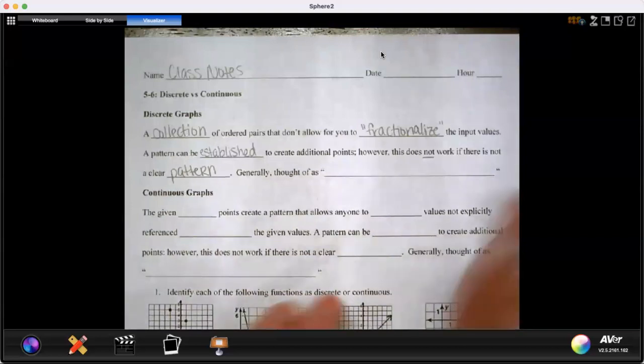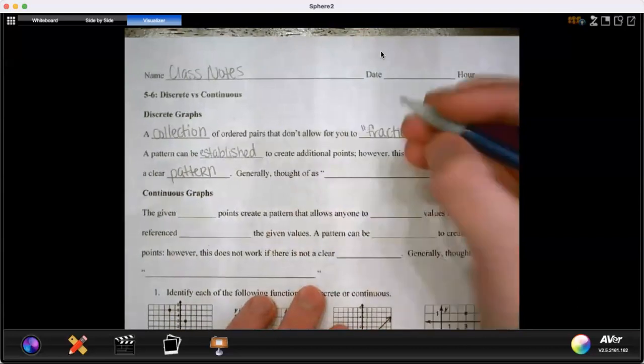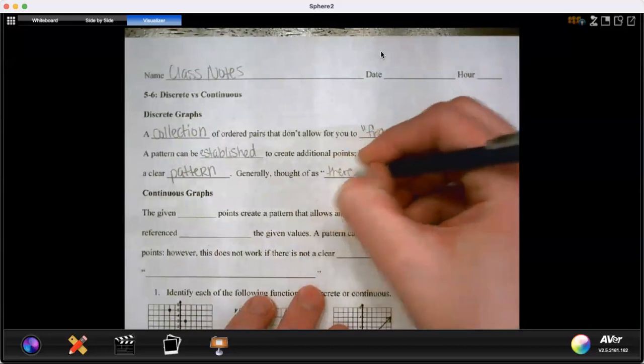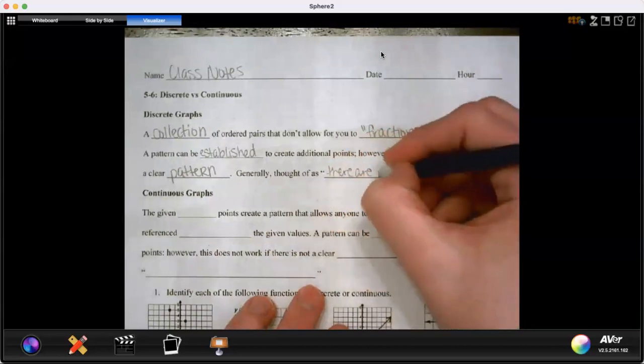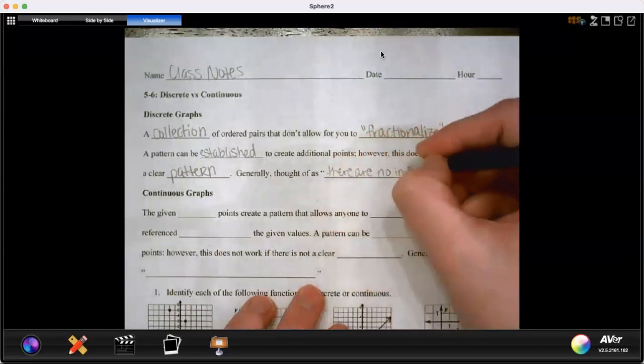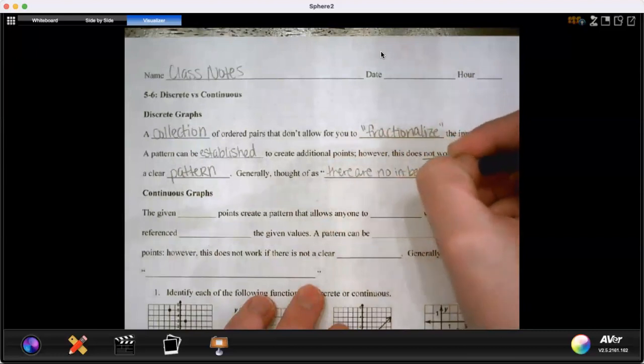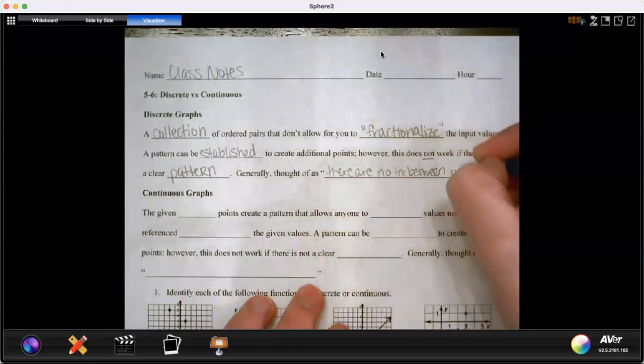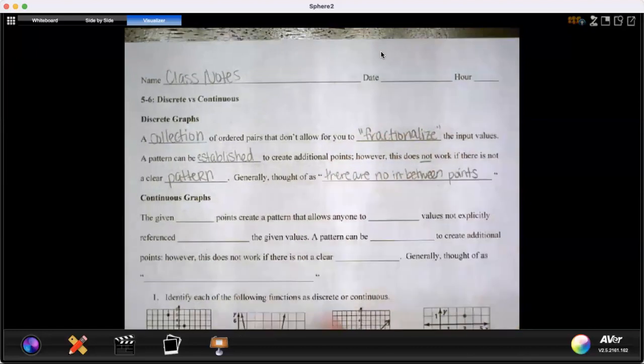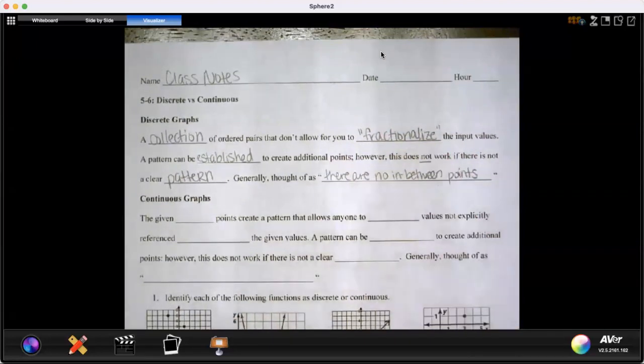But in general, we think of this as there are no in-between points. So with a discrete graph, you have specific, distinct, ordered pairs that cannot be split apart, they cannot be fractionalized. And then there would be no in-between points because of that.